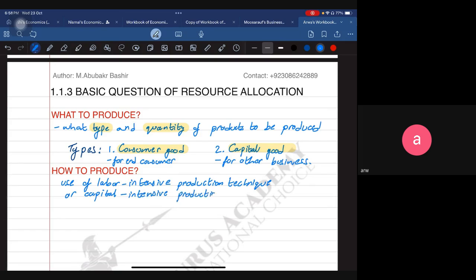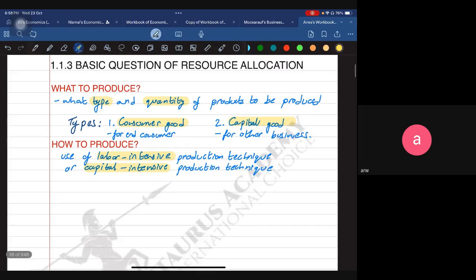Now if you compare both of the production techniques, can you tell me what is the difference between labor intensive and capital intensive? Labor intensive is basically if the firm has a high number of workers and lesser machinery. And capital intensive is if they have more machinery, more equipment, and lesser labor.